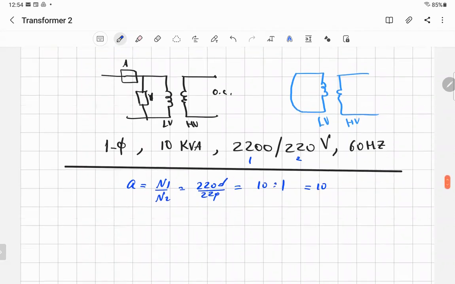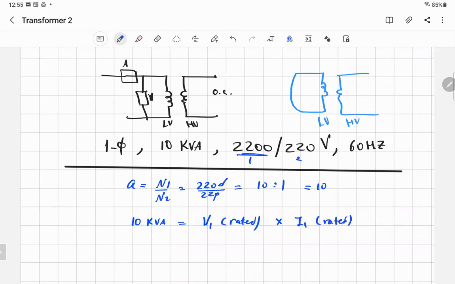There is something else I'm telling you that you can get from the information: single phase and 10 kilovolt-amp. It means I can get the rated current of each side. What do I mean by that? Well, 10 kilovolt-amp is equal to the voltage times the current in single phase. If we use the rated voltage V1, the corresponding current I1 will be the rated value.